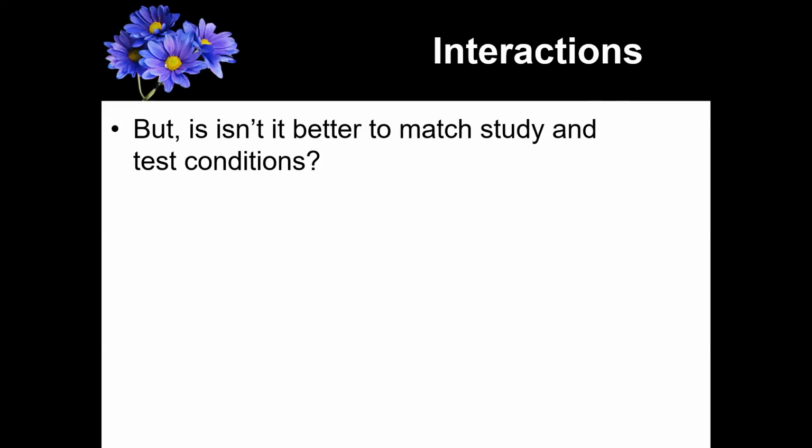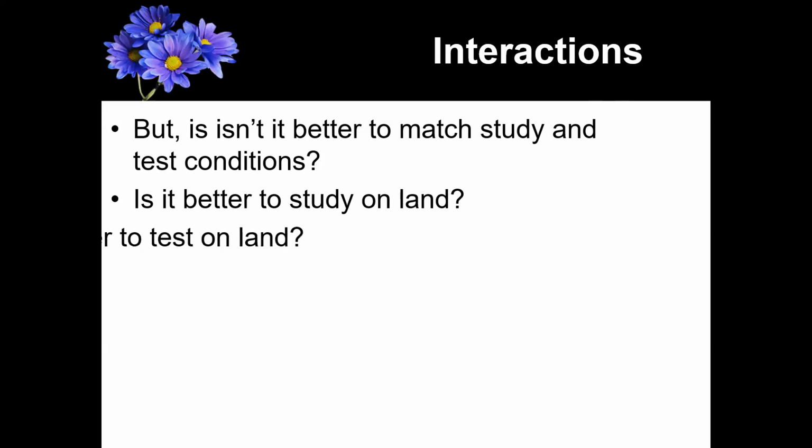If that's the case, well, then try answering this question again. Is it better to study on land? And is it better to test on land? If this first statement is true, how do we answer these two questions? Well, we can't, actually. That's a trick question, because there's not just main effects here, there's also interaction.